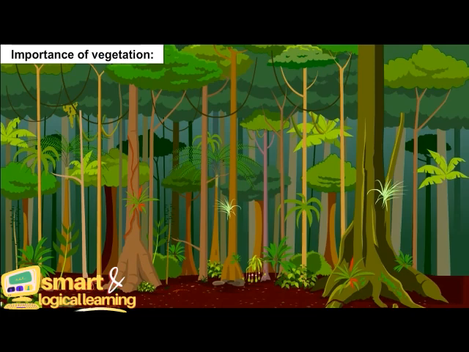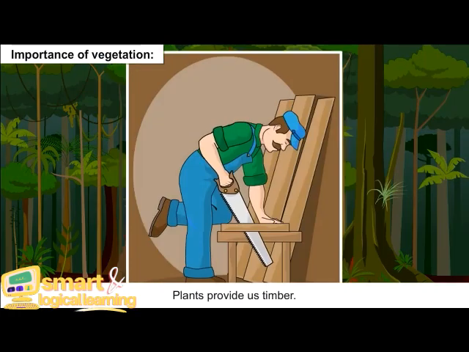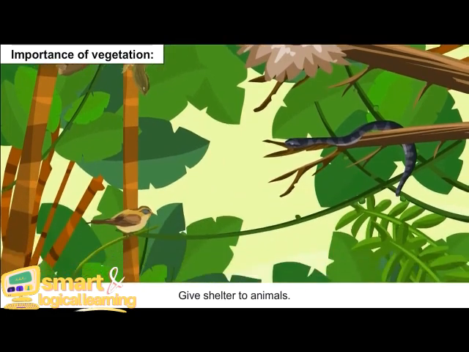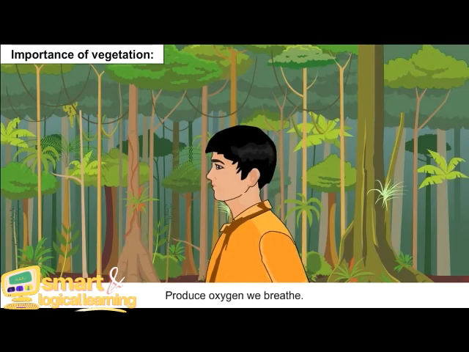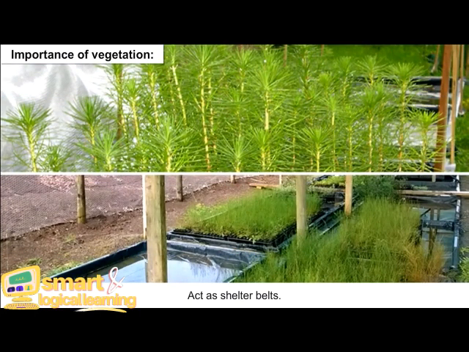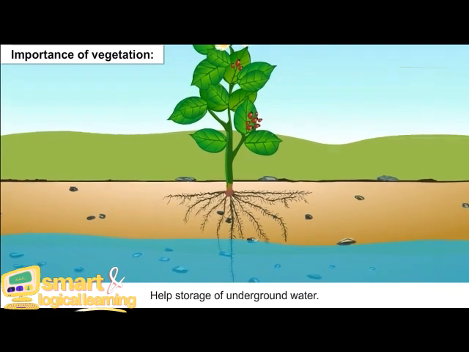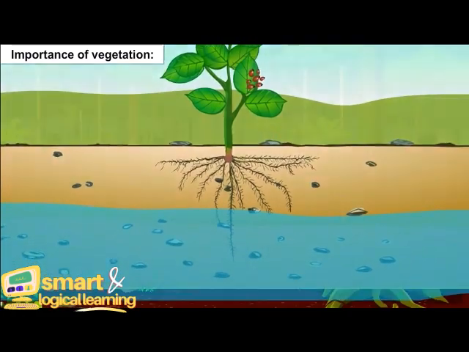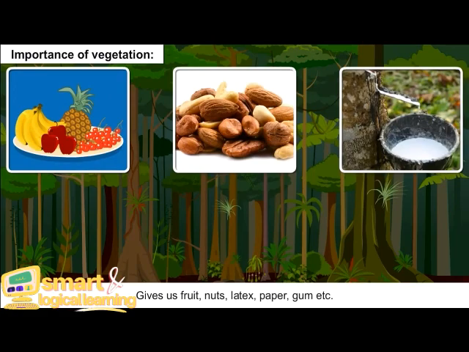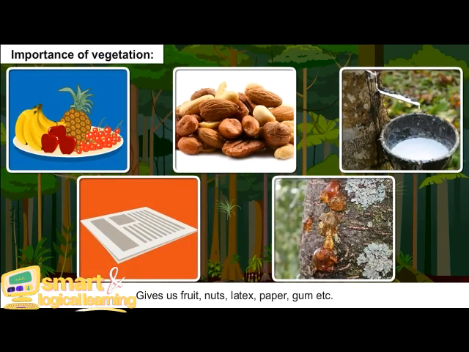Importance of vegetation: plants provide us timber, give shelter to animals, produce oxygen we breathe, protect soil, act as shelter belts, help storage of underground water, give us fruit, nuts, latex, paper, gum, etc.